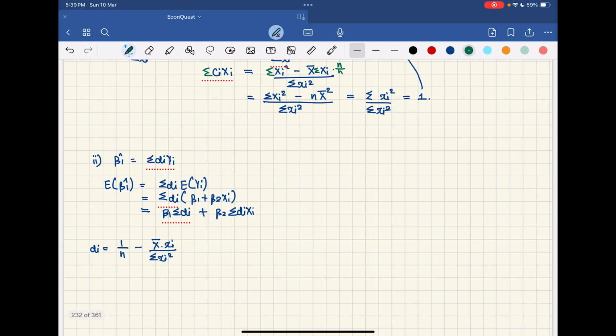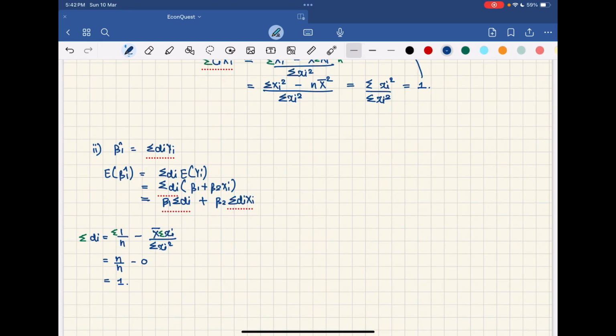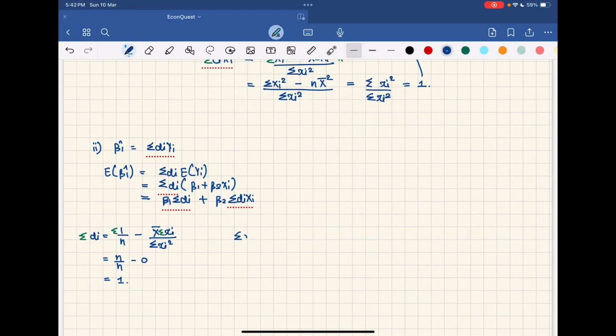So what is the value of your sigma di? Let's take the sigma. It is n by n minus 0. Okay, what about sigma di xi?